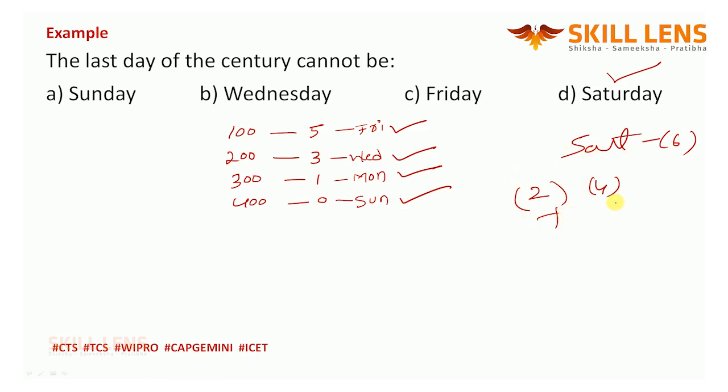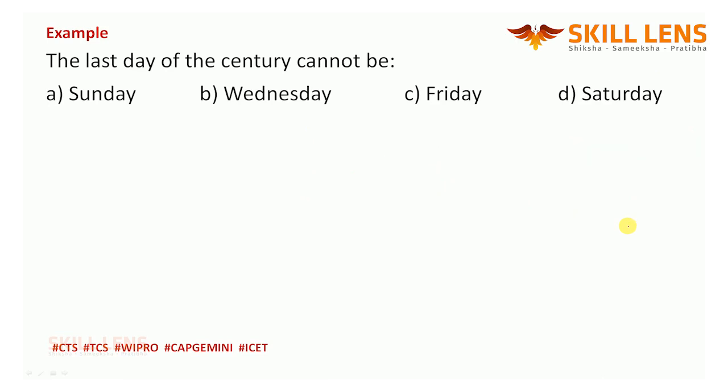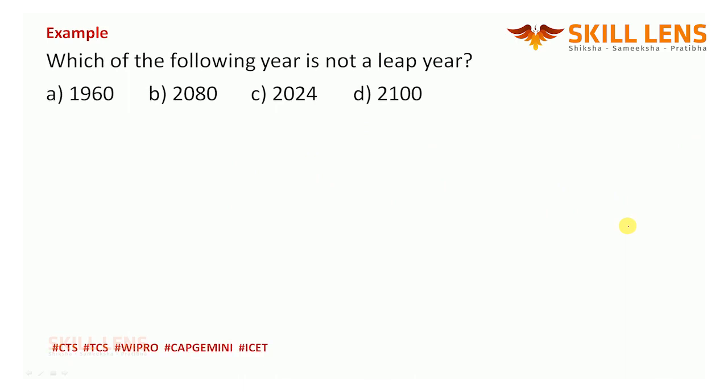Saturday, Tuesday and Thursday. These will not come as the last day of the century, because I have Friday, Wednesday, Monday and Sunday. So it cannot be Saturday, Tuesday or Thursday. This is a nice explanation. If you don't know this particular part, you can't answer this question. Hope everybody understood. Let's move on to the next question.